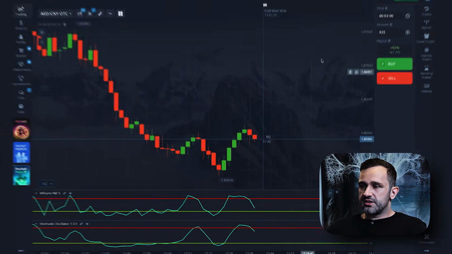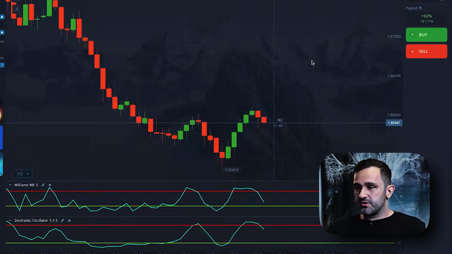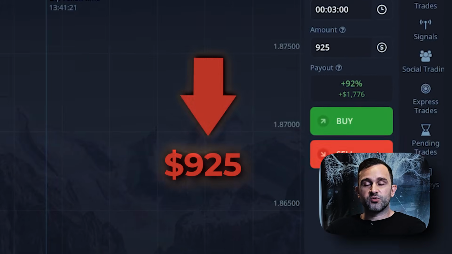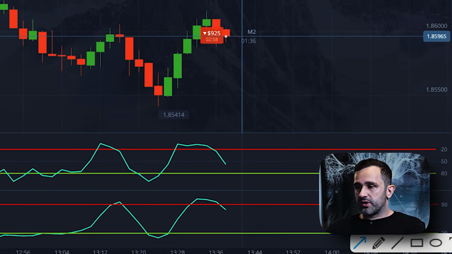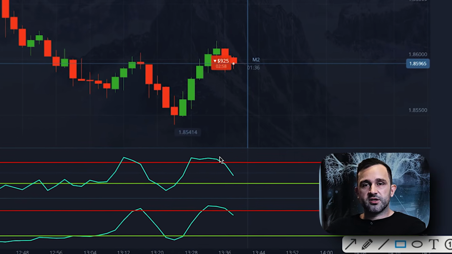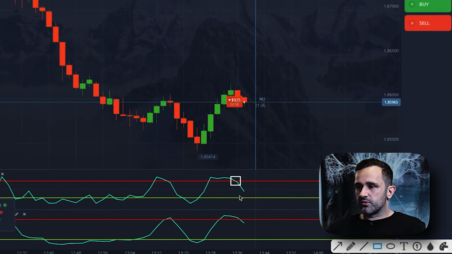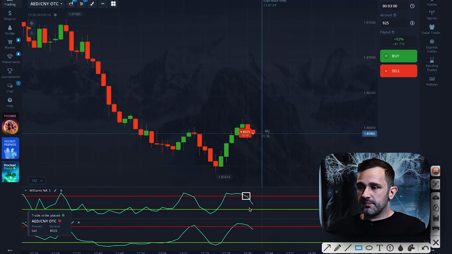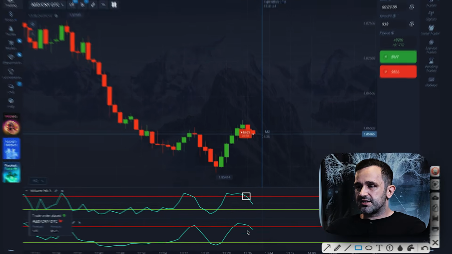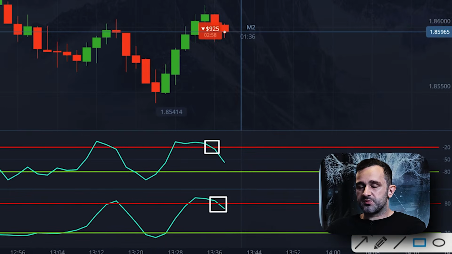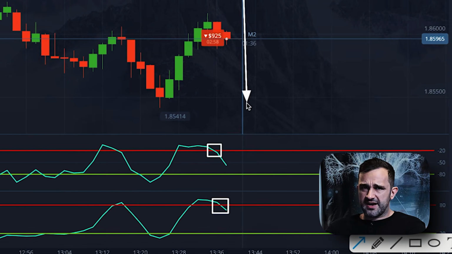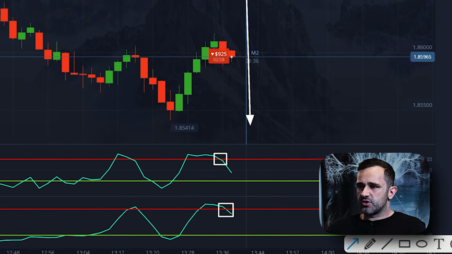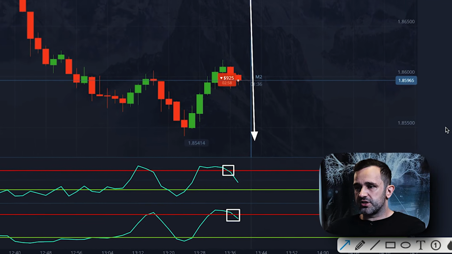Great start. Continuing to trade, I found another entry point, opening a downward trade for $925. I immediately look at Williams. It's in the upper zone and starts turning downward. This shows that after a local rise, buyer momentum is weakening and the market is losing strength. Stochastic is also in the upper zone and starts bending downward. Since it reacts faster, this indicates that the upward move is no longer supported and downward pressure is emerging.